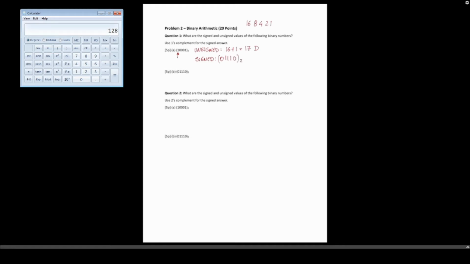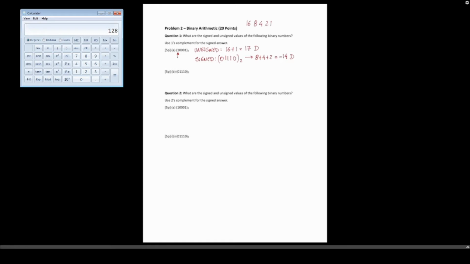This is still in base 2. Now if I convert, this is equal to 8 plus 4 plus 2, which is equal to 14. But the value that I'm actually representing is minus 14, because I have that 1 telling me that it's a negative number. So this is the right answer for this question.